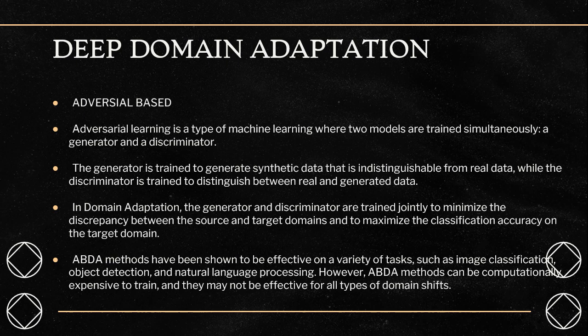In that case it tries to minimize the discrepancy between the training data and the testing data, because we have already trained it in adversarial learning. So these are the techniques we use to reduce the discrepancy between the training data and the testing data.